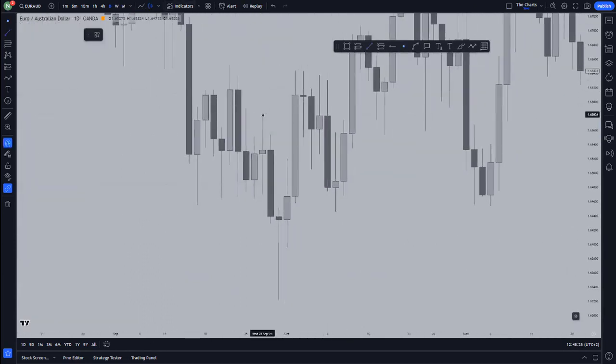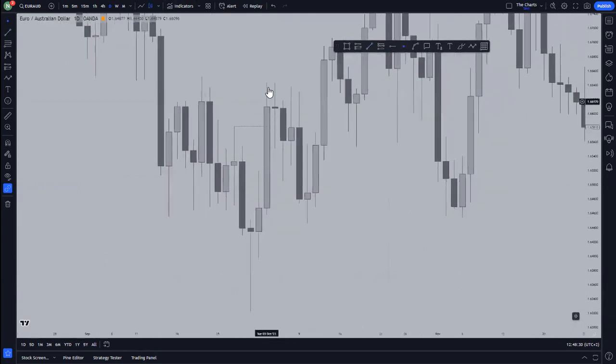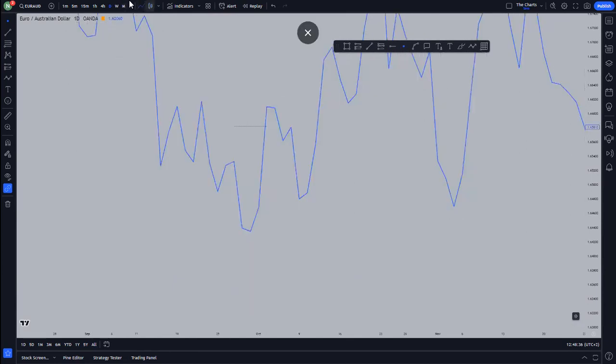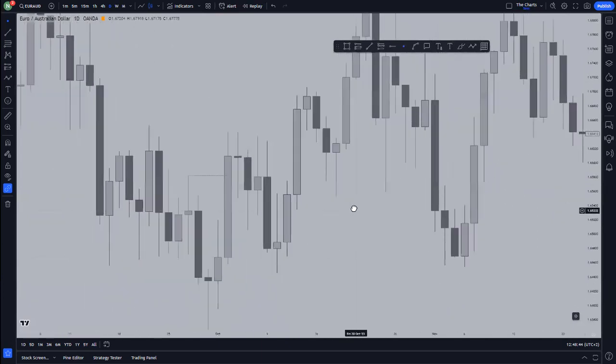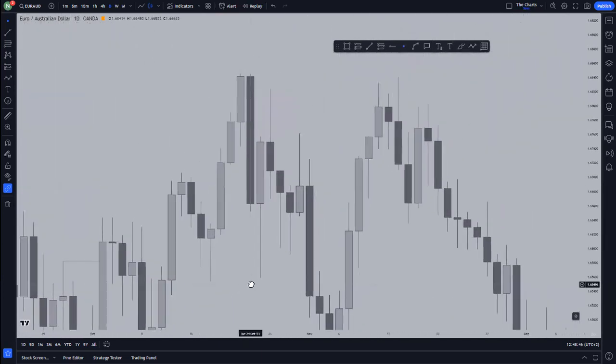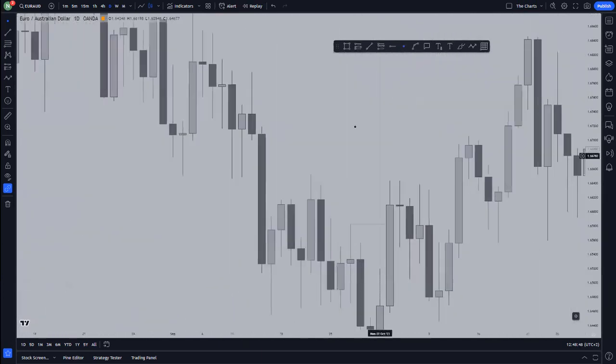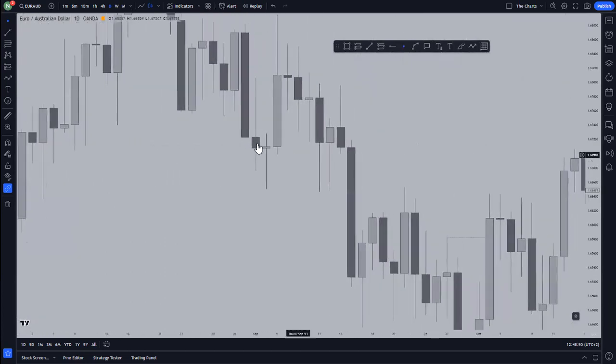So look at the difference. See here, we have a breakout structure. The market even closed above, there's no problem with that. And even when you go to the line chart, you can see that here there was a breakout structure that is visible right there. So you can even consider this one as a good breakout structure. Now, there's another one, like this one right here.